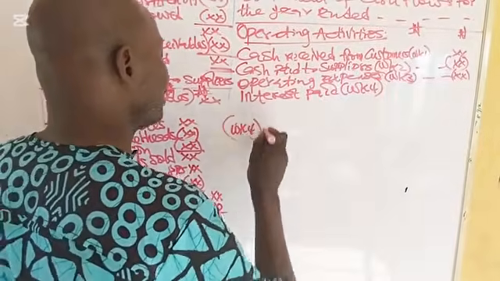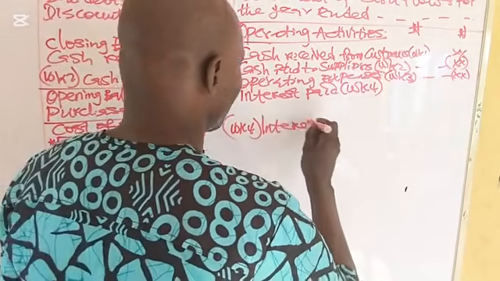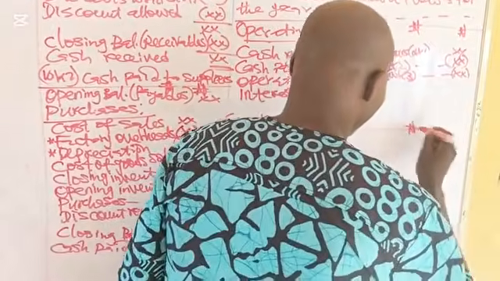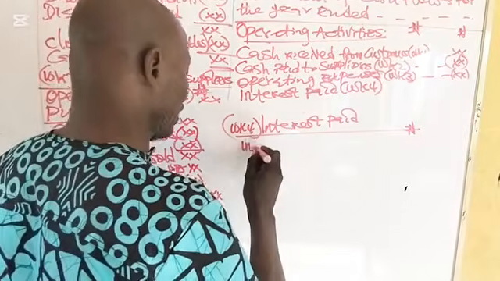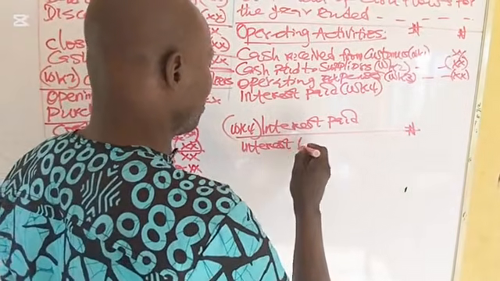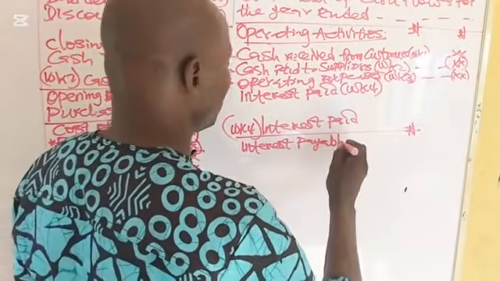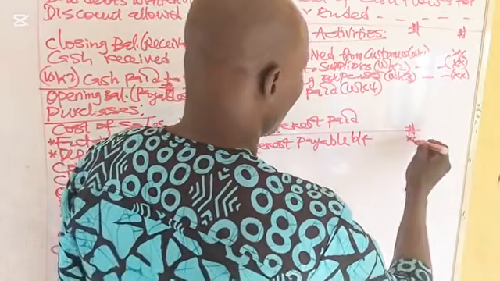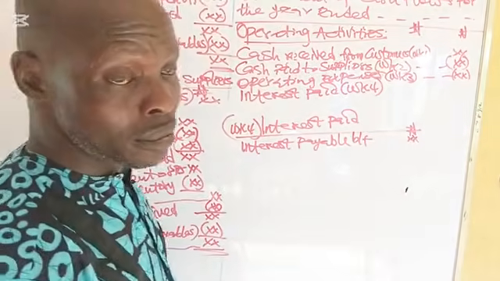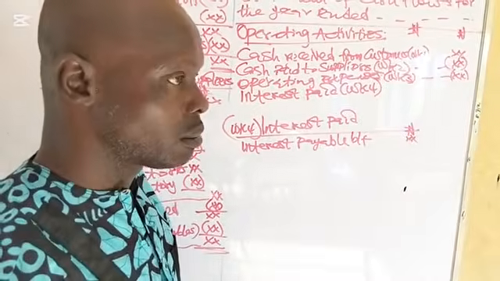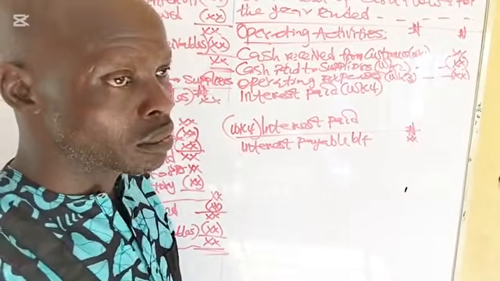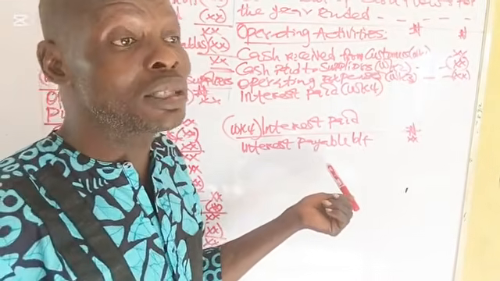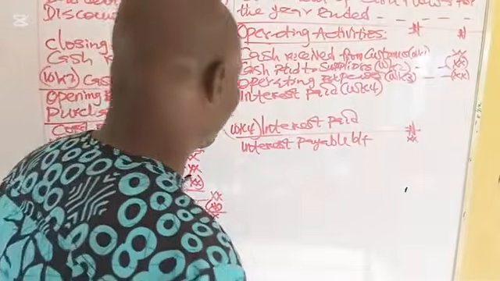Okay, number 4, interest paid. As usual, we start with the opening balance, which is interest payable. Where are you supposed to see interest payable? Statement of financial position, under current liabilities. That is accrued interest. Payables and accruals are the same thing.